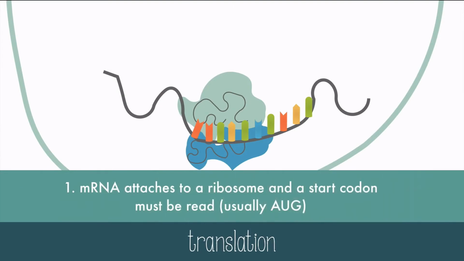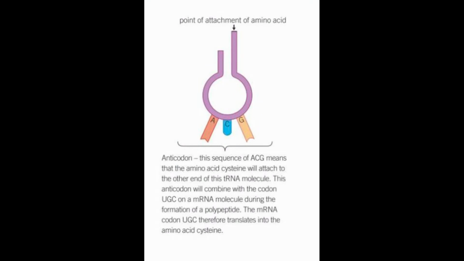So the mRNA attaches to a ribosome and a start codon is then read, which is usually AUG, which is the first codon. So before I talk about translation, we need to talk about tRNA. It basically carries the amino acids that are used to make proteins to the ribosomes.